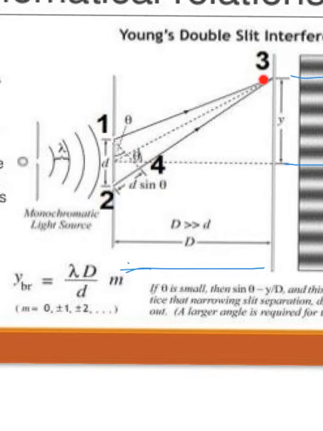Now, why are we getting constructive interference? Because this wave is a multiple of a full wavelength shorter than this one. So this distance here, which is actually d sine theta, is equal to some whole number, n lambda.